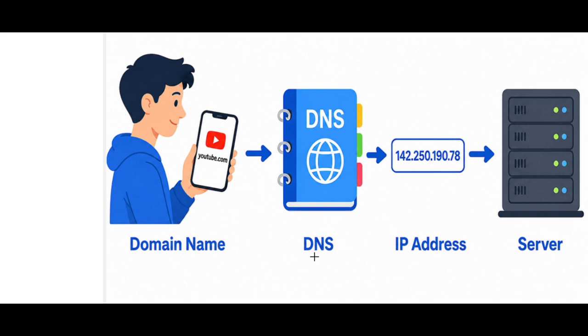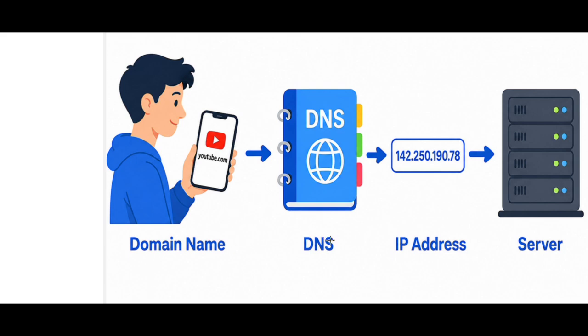Coming back to DNS, you can think of it like an internet phone book or contact list. When you type youtube.com, your phone does not know where the server is, so it asks a DNS, the Domain Name System, what is the IP of youtube.com.